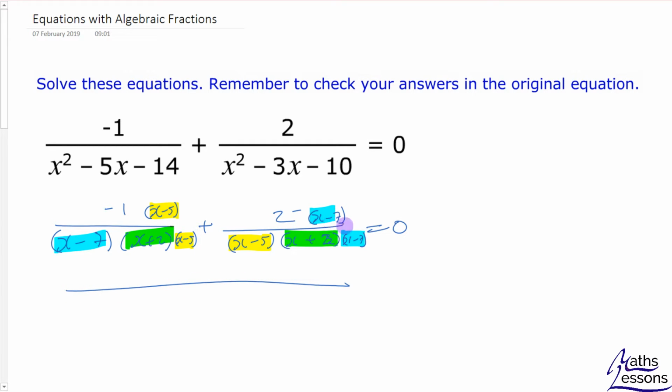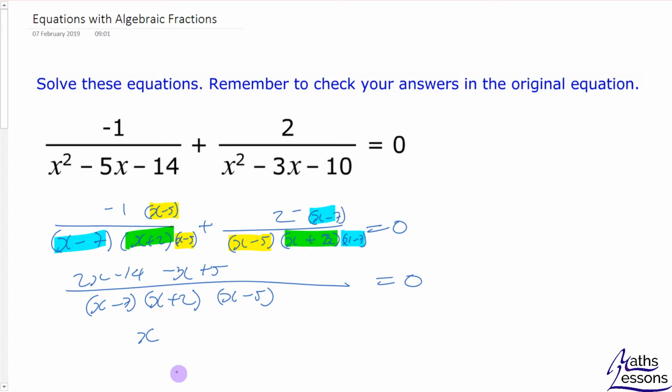So I'm going to get 2x minus 14 minus another x plus 5 equals 0. And then I'm going to get x minus 7, x plus 2, x minus 5 on the bottom. And the top simplifies to x.